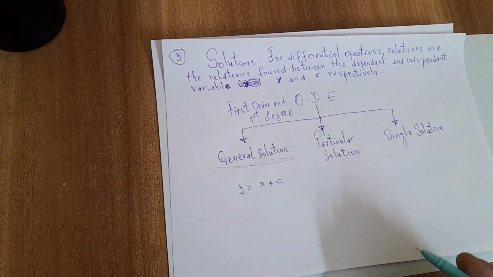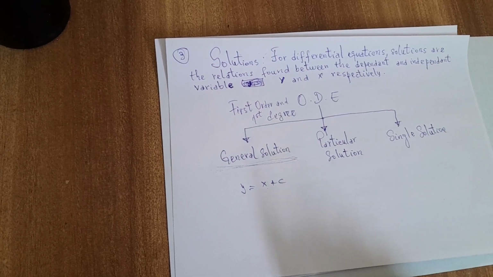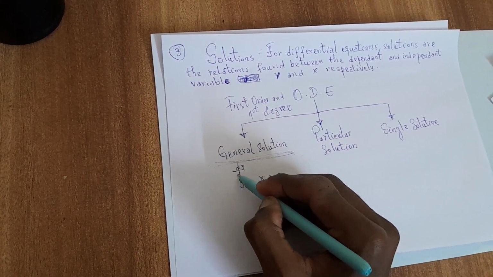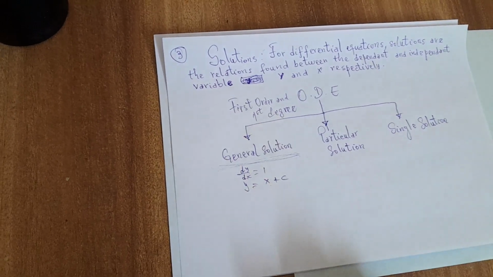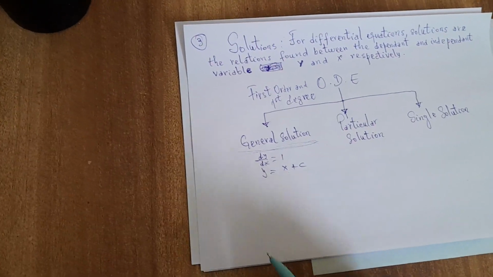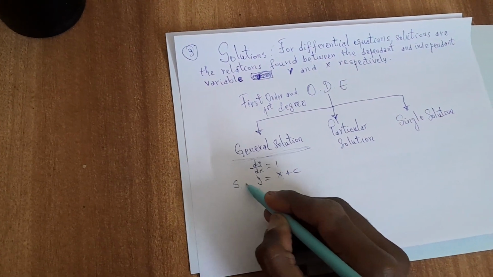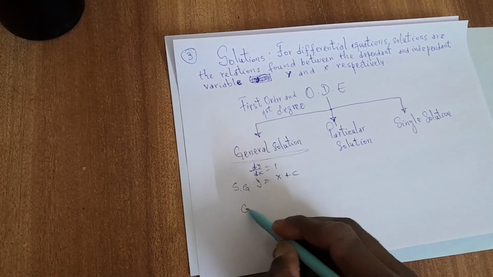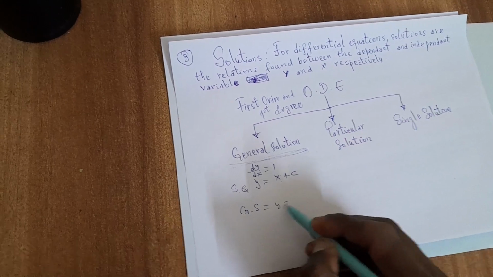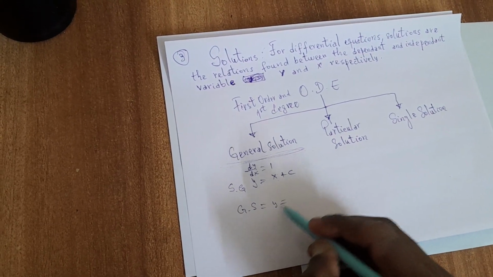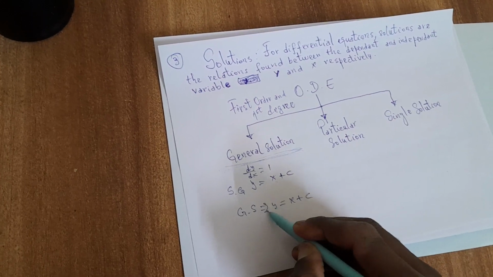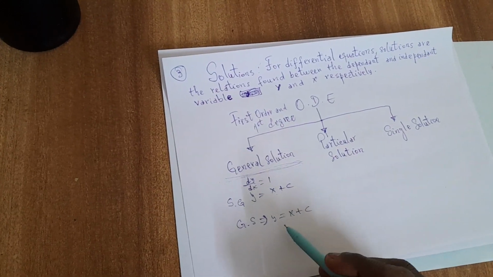Suppose the differential equation is dy upon dx equal to 1, and we found this solution. This is the general solution, GS: y equal to x plus c.